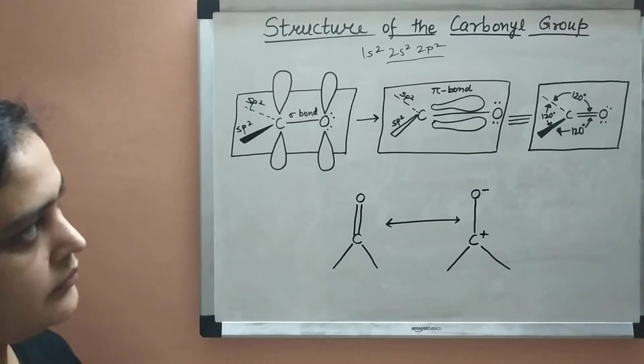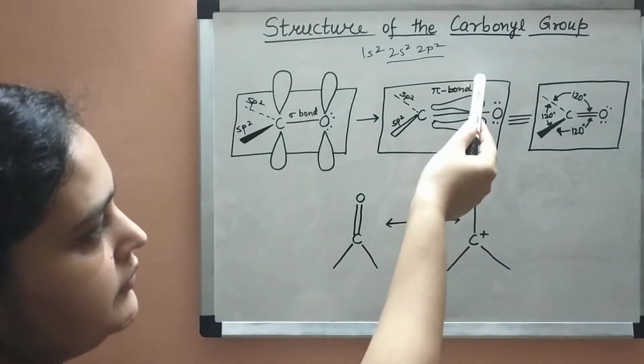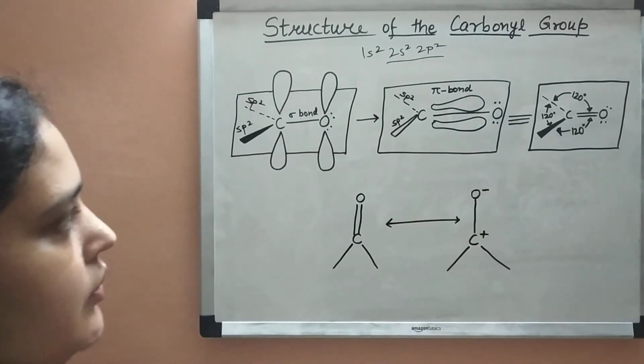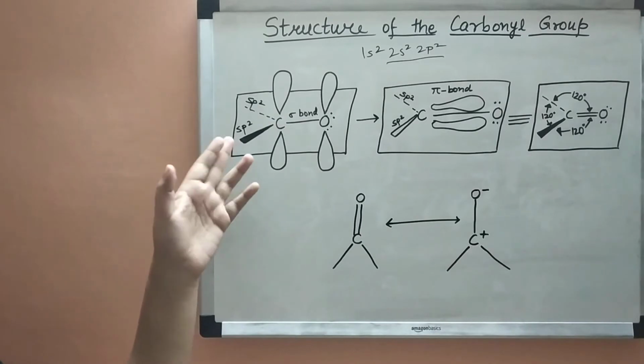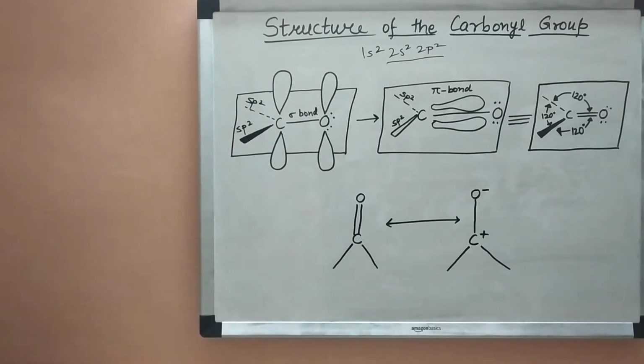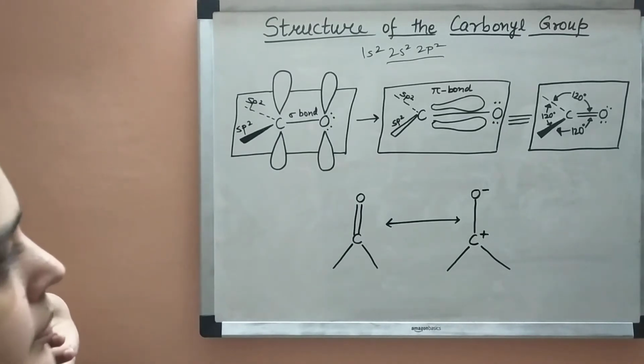So like this. So this pi electron cloud is above the plane of the paper and below the plane of the paper, and this solid bond represents that it is towards us, and this dash bond represents that it is away from our side, but in the plane of the paper.